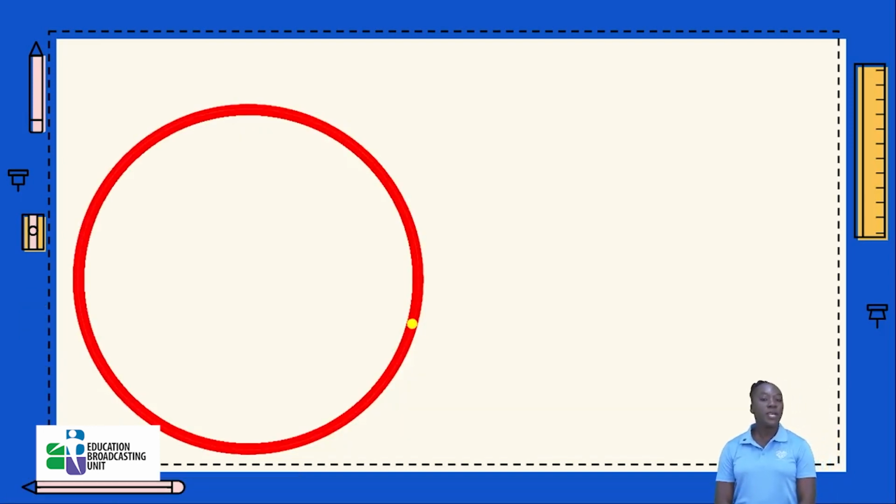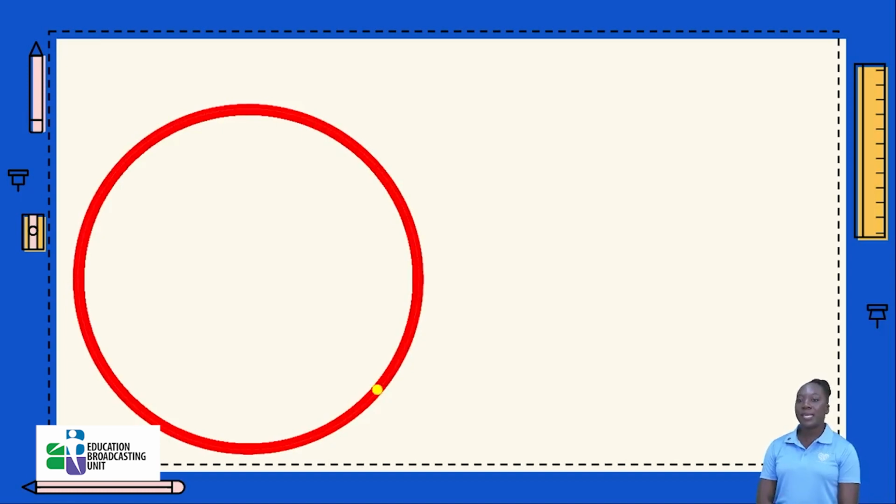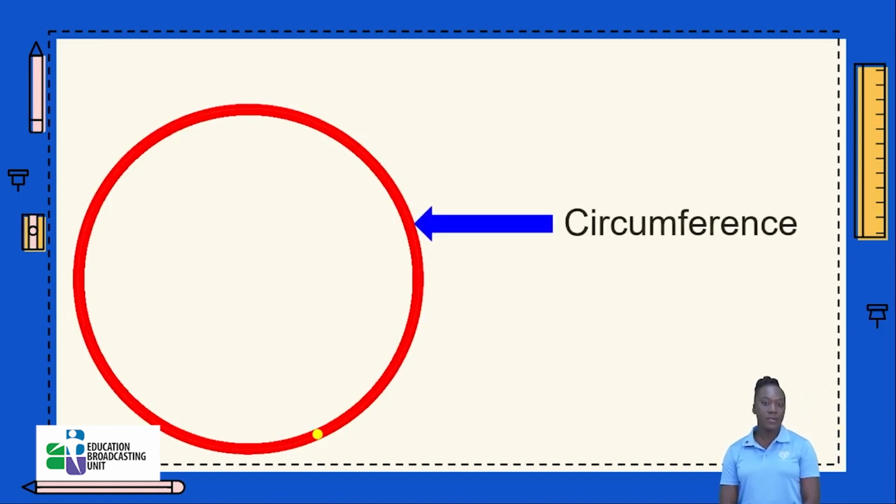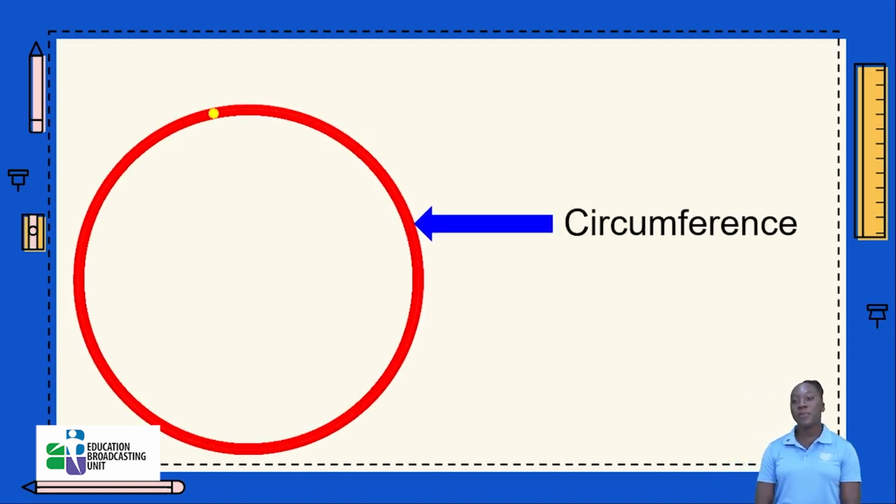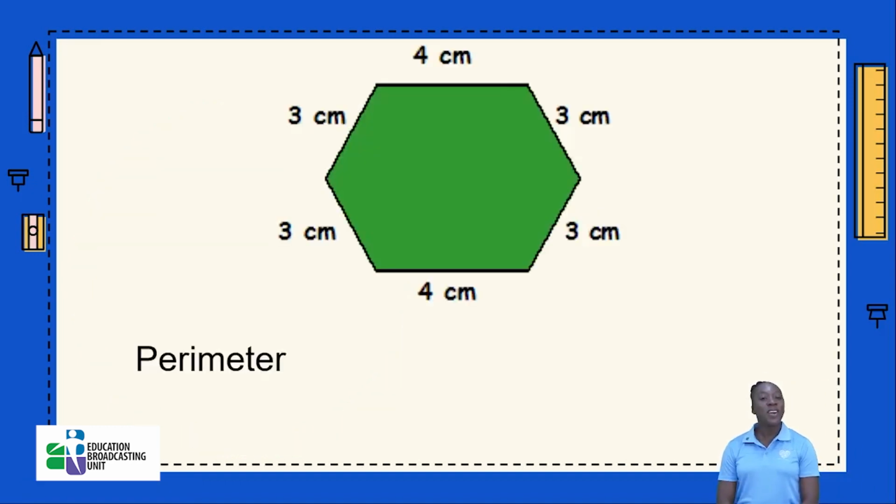Now you've been learning quite a bit about the parts of a circle in class. In this case, the perimeter of a circle is known as the circumference. To find the perimeter of round or circular shapes, there's a special formula that we have to use. But you'll learn more about that when you get to secondary school. For other polygons, we can simply just add the sides together.